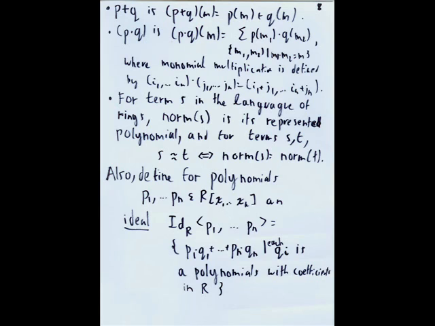We're also going to define a notion of an ideal. For polynomials P1 up to Pn in R[x1 up to xn], the ideal of R generated by P1 up to Pn is just the set of P1 times Q1 plus dot dot dot Pn times Qn, where each Qi is just a polynomial with coefficients in R. So you can imagine this is just some collection of polynomials generated by a set of polynomials, by taking each element, multiplying it by some polynomial Qi, and then adding them all together.